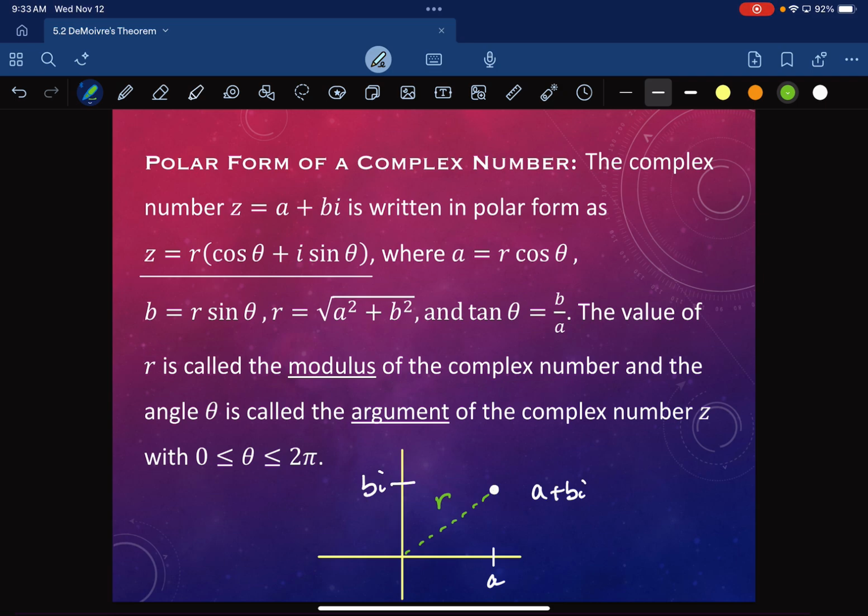Unit circle kind of stuff, but it's not a unit. How do I find that r? Well, that's exactly what I just described a moment ago, the absolute value. It's the square root of a squared plus b squared. And if we drew in the triangle, we would definitely be able to see that that is in fact a and b, and a squared plus b squared is r squared. Okay, so that takes care of this equation and where it came from. It's not anything new. What about the other components? Well, the theta that it's referring to is right here.